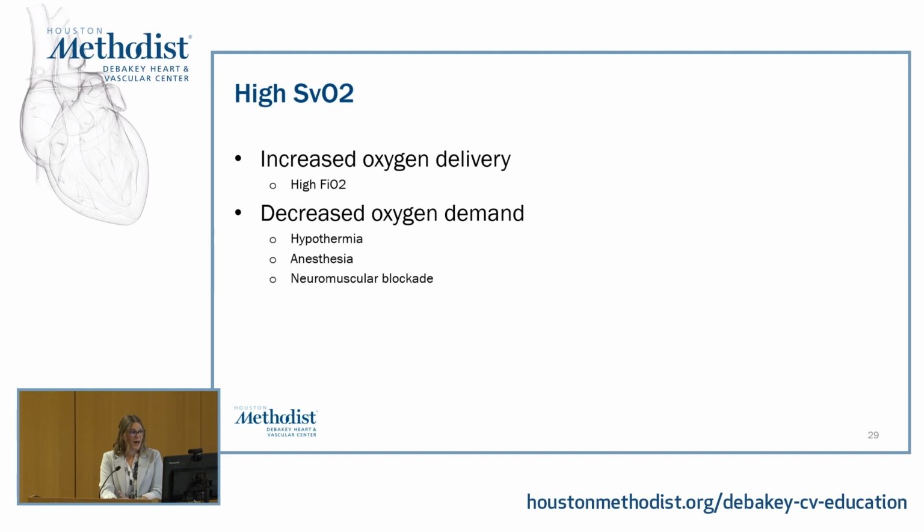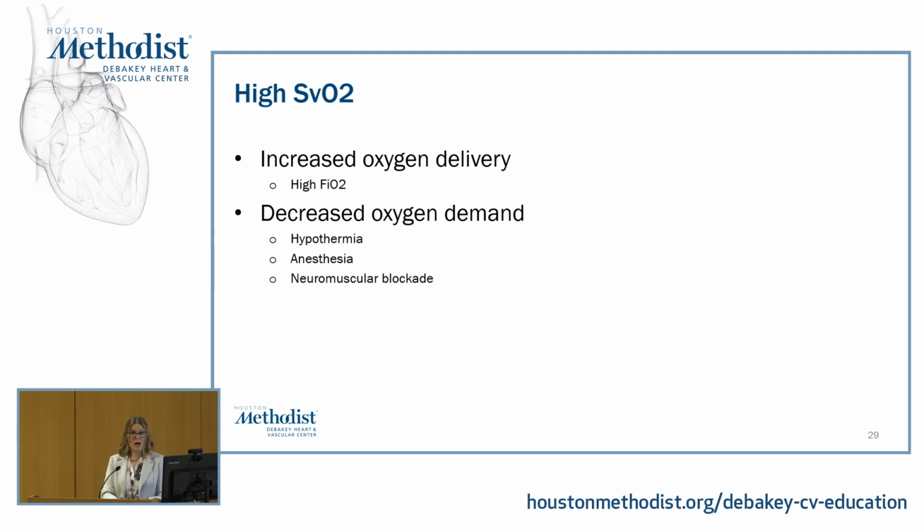And so if you have a high SvO2, you have increased oxygen delivery or decreased oxygen demand. If you have too much oxygen, you probably have a high FiO2 and you just need to come down on your oxygen. Decreased oxygen demand, meaning your tissues aren't requiring as much oxygen as they normally would.